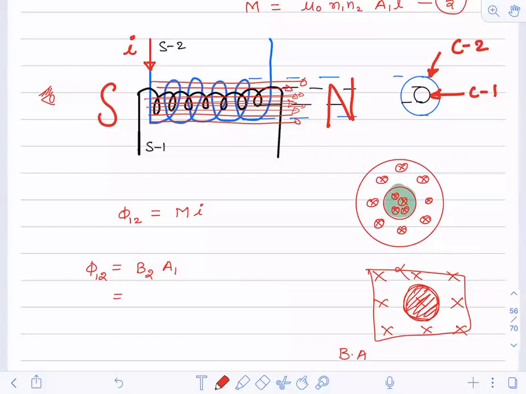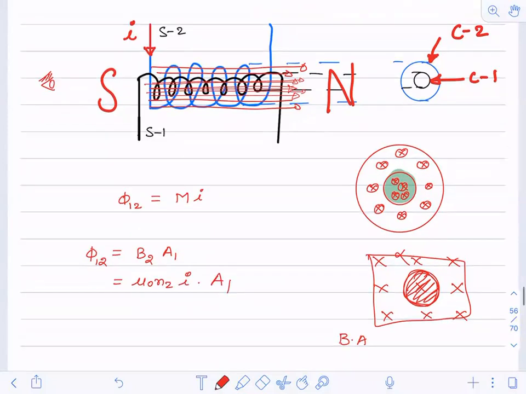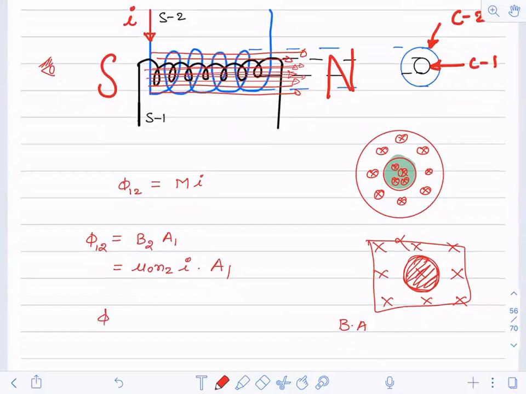What is the B2 value? Is it mu naught N2 into I into A1? Substitute that value over there. So phi 1 2 will become mu naught N2 into I into A1.